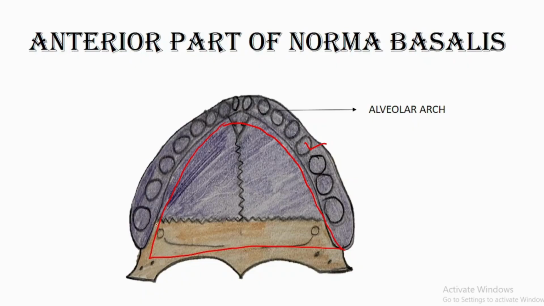Now second major part is the hard palate. Hard palate is basically formed by two bones. This purple colored bone is maxilla, and here the posterior part is formed by palatine bone. So the maxillary bone and palatine bone together form the hard palate. Maxillary bone has two palatine processes, one on each side.